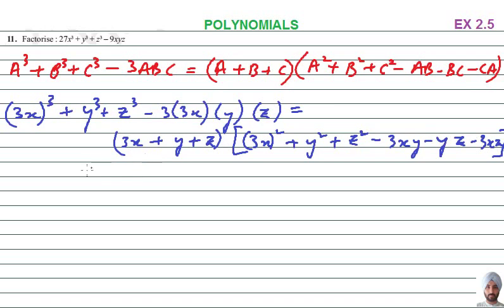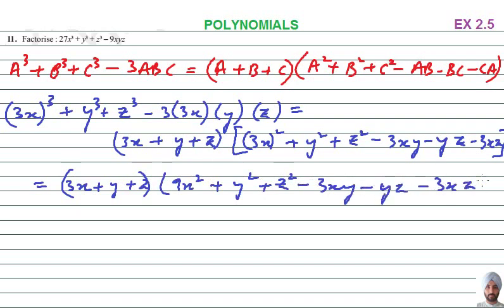So this will be giving us 3x plus y plus z times 9x square plus y square plus z square minus 3xy minus yz minus 3xz.